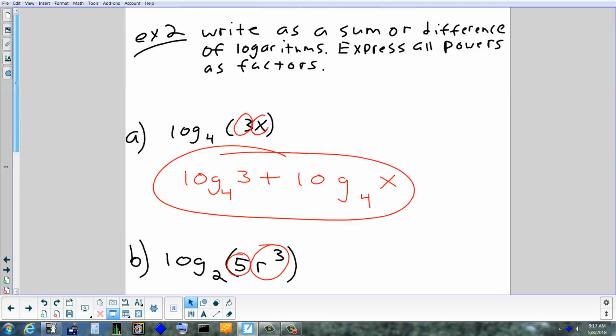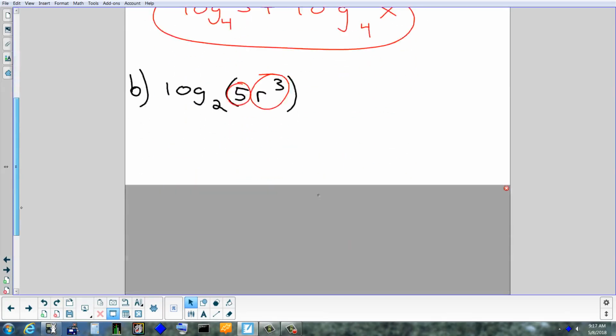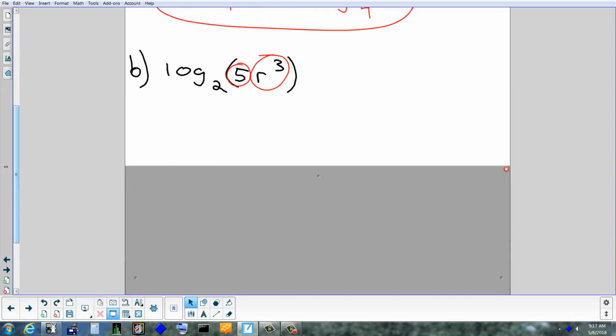Something times something. All right, so when we have a product, split it as addition. Jermichael, what's going to be the base on each log? 2. 2, yep. Base stays the same. Carissa, my first argument will be 5. And now there's nothing else you can do with that. We're just going to leave it. And Liz, what about my second argument?